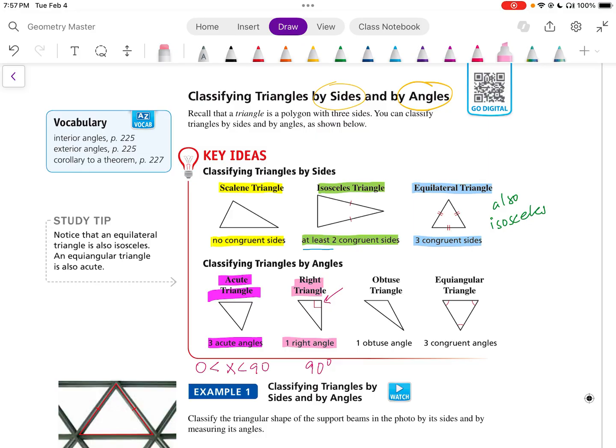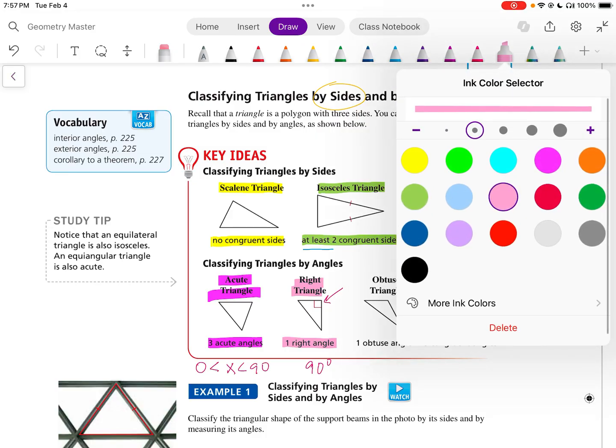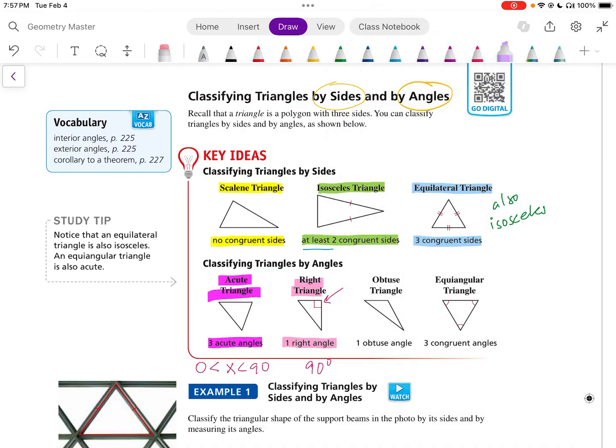An obtuse triangle has one obtuse angle, only one. The reason it can't have more than one is that obtuse angles are greater than 90 but less than 180.